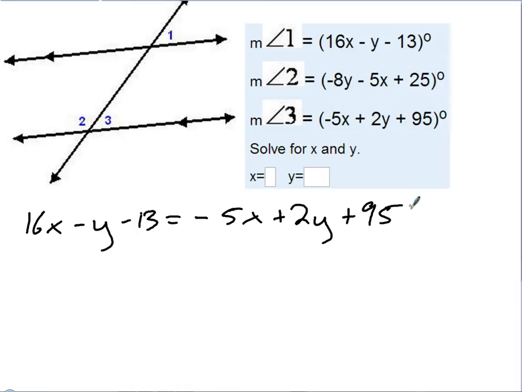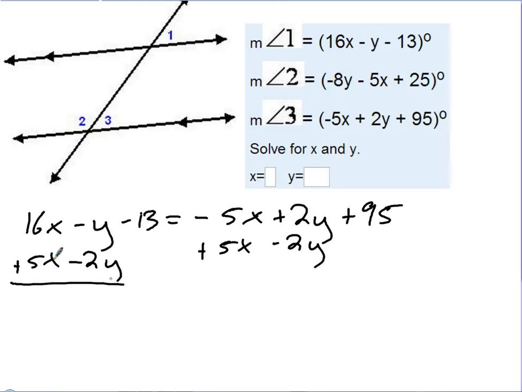Now that's pretty ugly. Can we clean up or simplify that equation? What can we do? Okay, let's combine like terms. How about if we add 5x, let's subtract 2y, and see what happens if we do that.